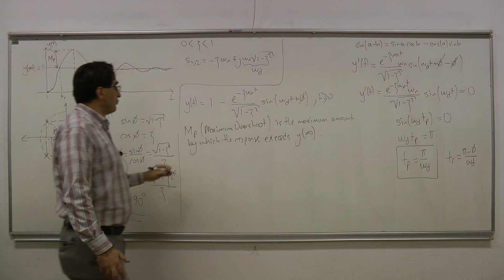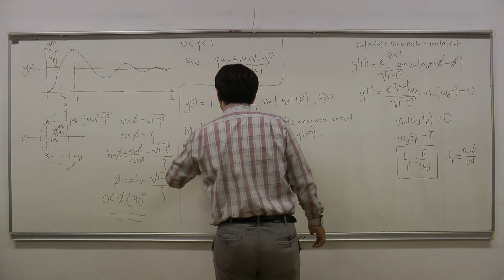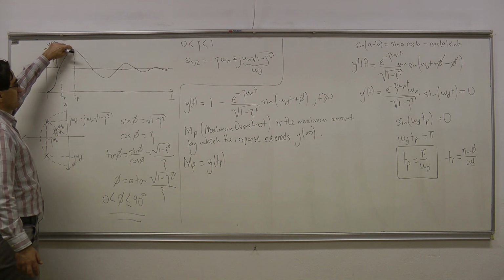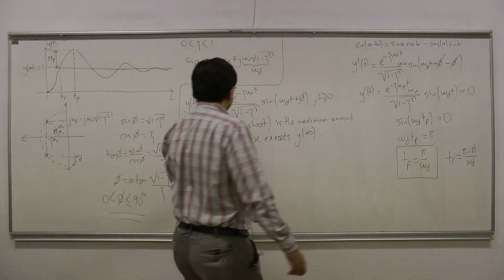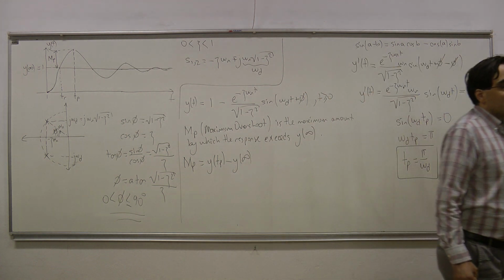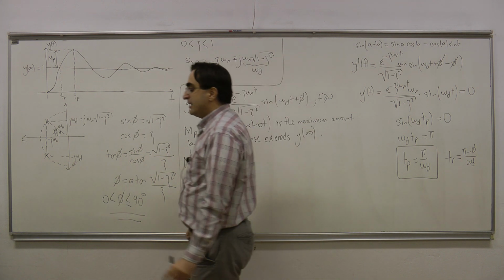So if I write the formula for MP, it's going to be y of Tp, the response evaluated at the peak time, minus y infinity. Okay? This is called the absolute maximum overshoot.